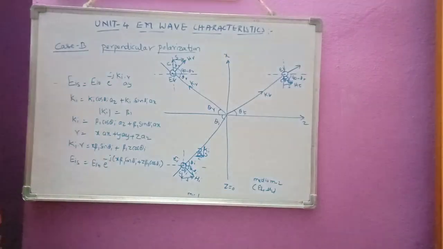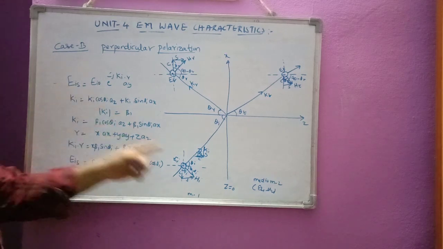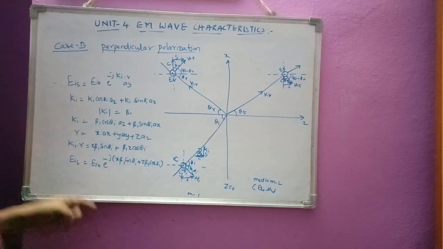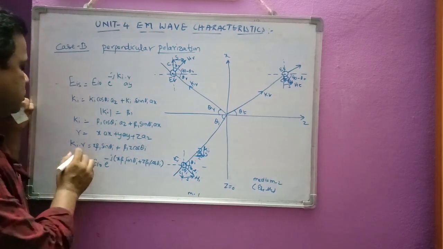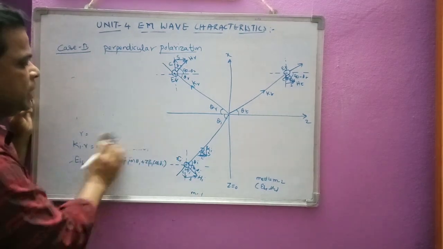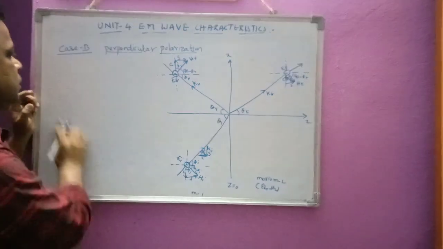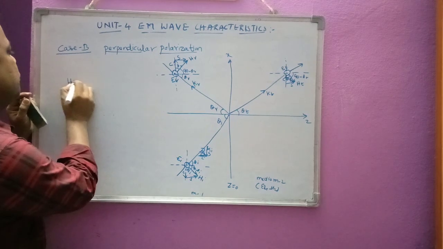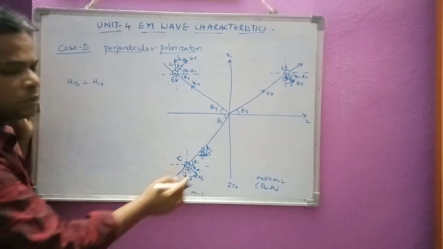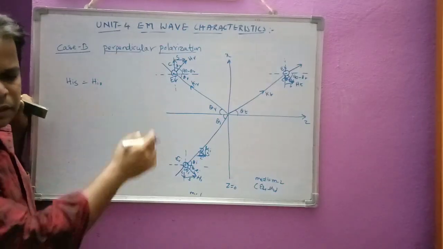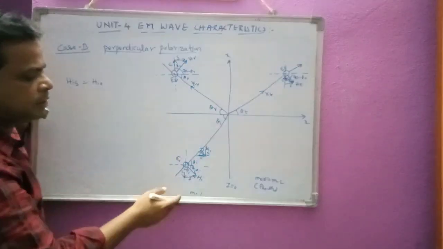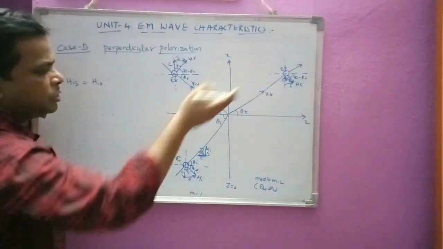Now similarly I have to get the equation for the magnetic field here. The magnetic field is resolved into two components. So this is the equation we have to remember. Now I will write the equation for the magnetic field HI of S. HI of S will become HI naught, it has a sine component and a cosine component. The cosine component is along the negative x axis, and the sine component is along the positive z direction.